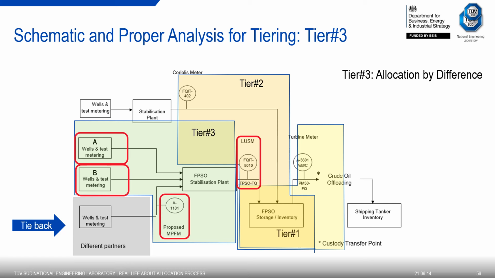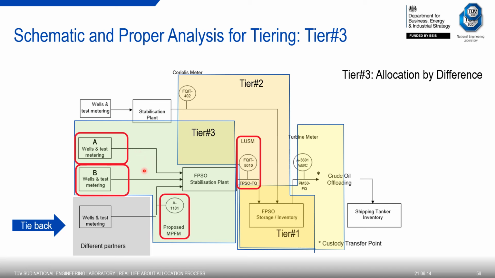The tier 3 is quite interesting, and it's taking into account obviously the liquid ultrasonic flow meters, which is on the output, and you will look at this value against the proposed multi-phase flow meter that you have and the production coming from the field A and B. And as you can see here, there are no flow meters installed on the A and B, so there is no monitoring done here.